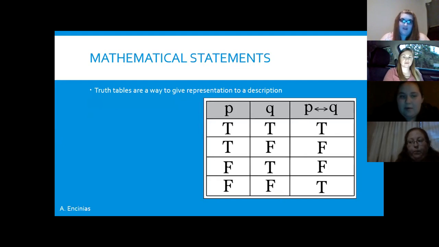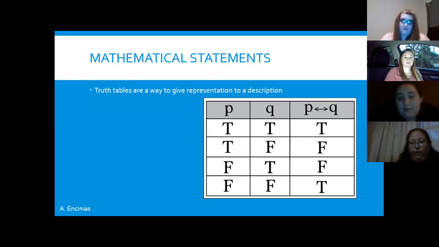They give us a way to have a representation for description. So you can see if P is true and Q is true, then P implies Q, so it's always true. Now, if P is true, but Q is false, then you can't imply Q from P, so that's false.